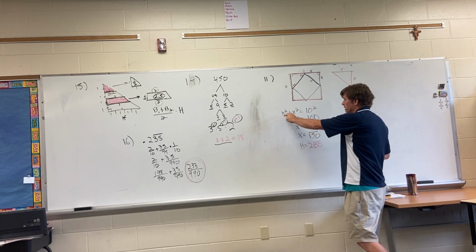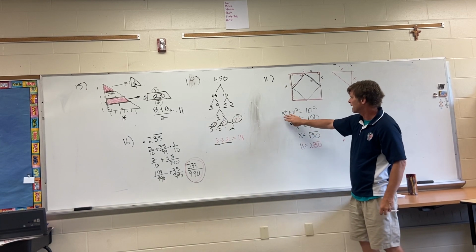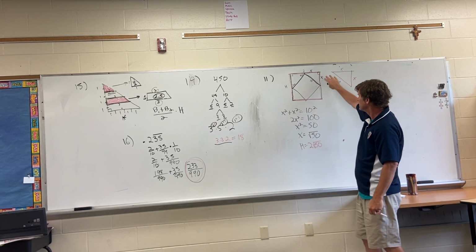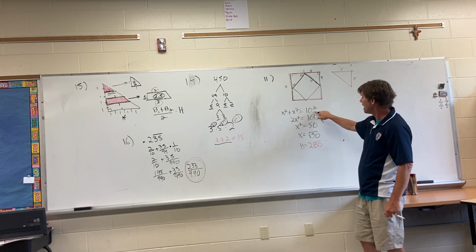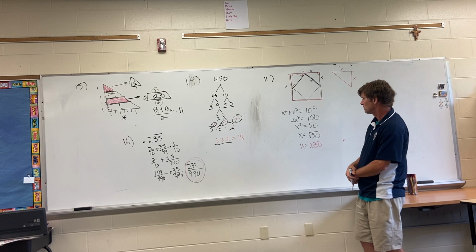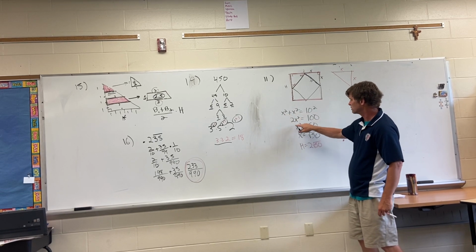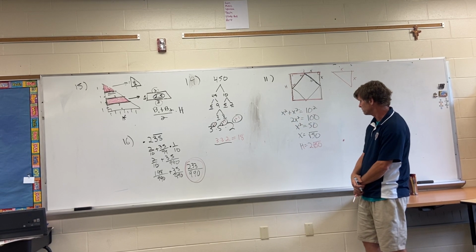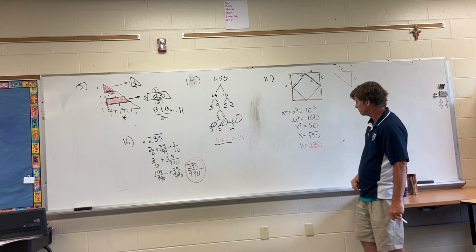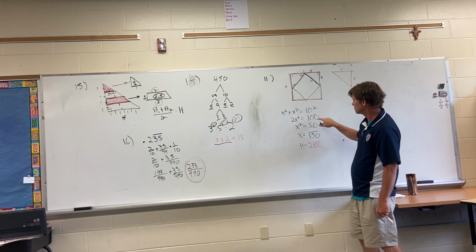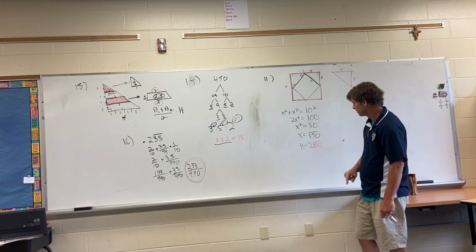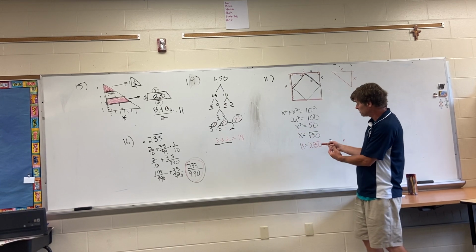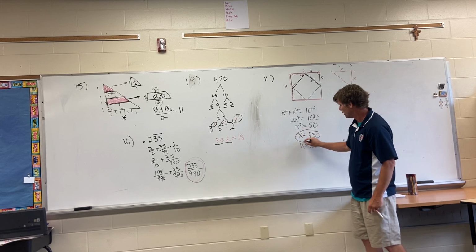I chose the letter x. So I got an x squared and another x squared is, c is the hypotenuse, 10 squared. Okay, well, if I have an x squared and x squared, I have 2 of those x squareds, and 10 squared is 100. Well, if 2 of those x squareds is 100, then 1 of those x squareds is 50, which means that x is the square root of 50.